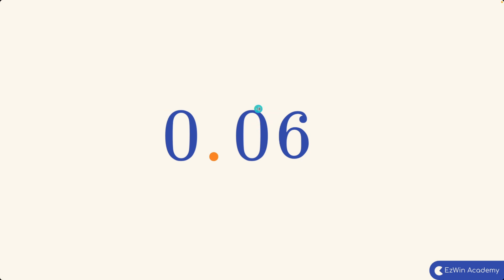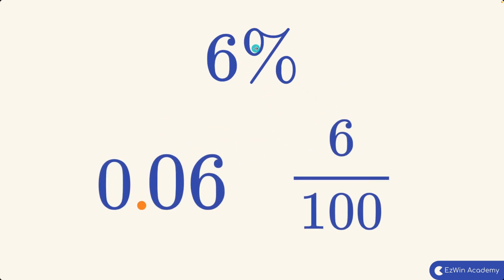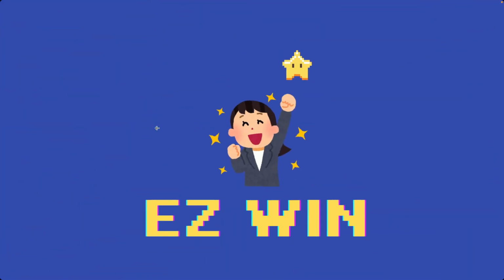Now 6% is represented as 0.06. You can see that 6% is 0.06 as a decimal and 6 out of 100 as a fraction. Since 6 out of 100 is in the 100th place, that's why it can be represented as 0.06 as a decimal. And that is an easy win.